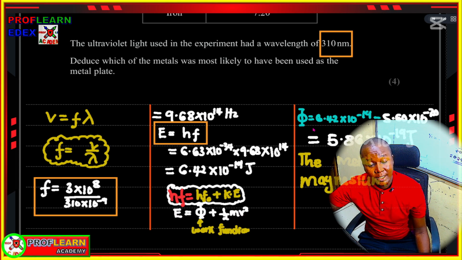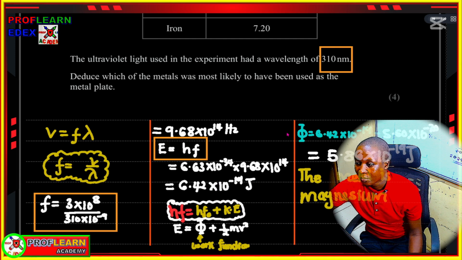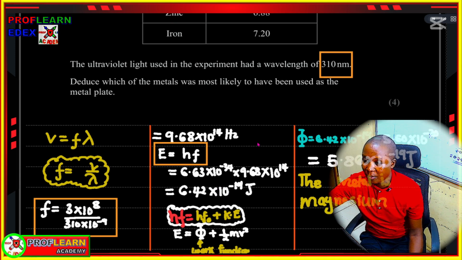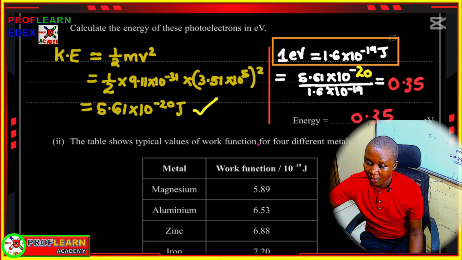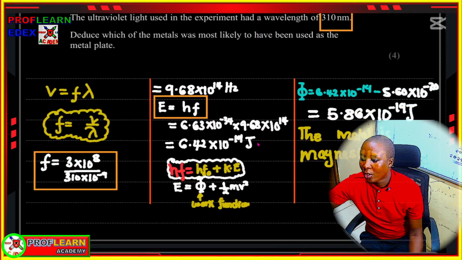So for us to work out this question, first we have the energy of the ultraviolet, and then we have the kinetic energy, which we worked out from the previous section here. And then if we subtract the two, we are going to get the work function.